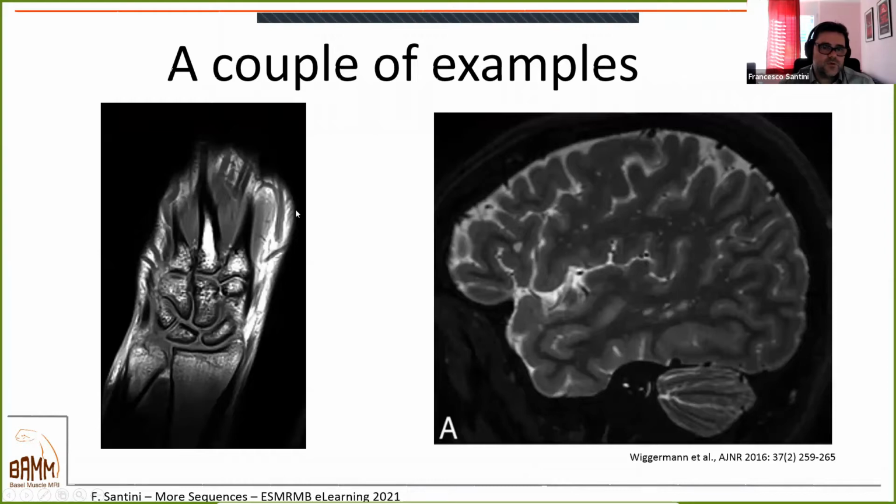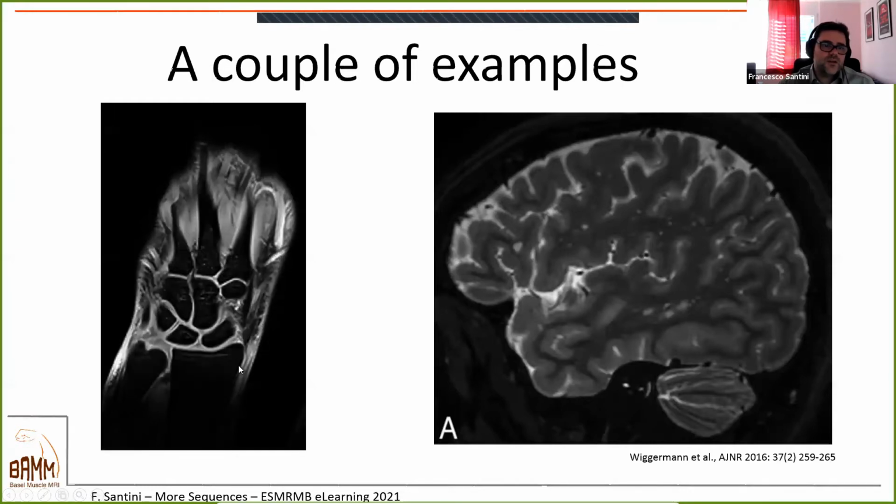So here there are bones, here is muscle and fat. So what we might want to do, we might want to get rid of the fat. And if we do that, we obtain some very nice image like this, where we see all the space inside the joint. We can see the cartilage and so on.